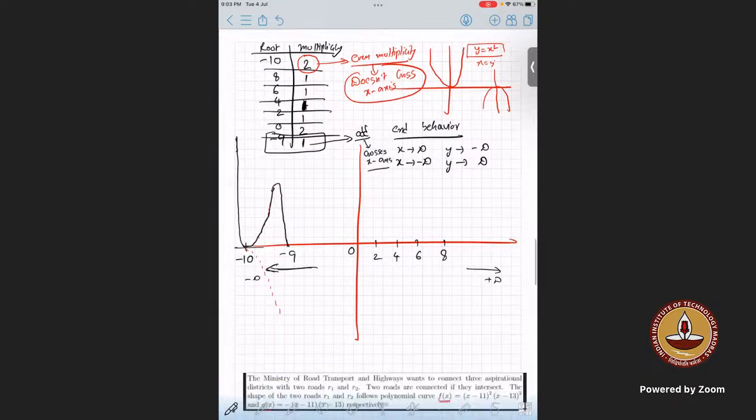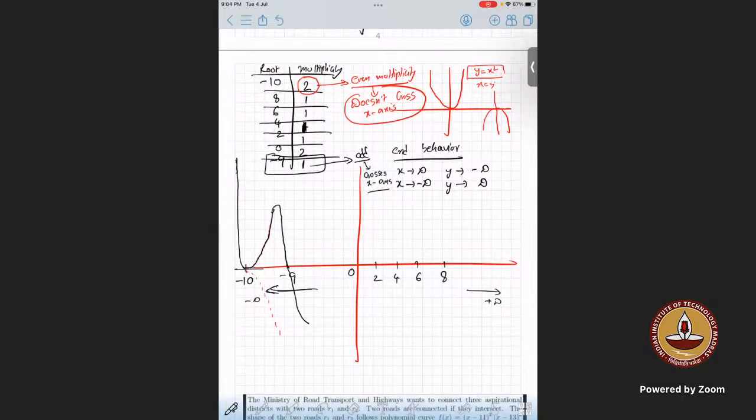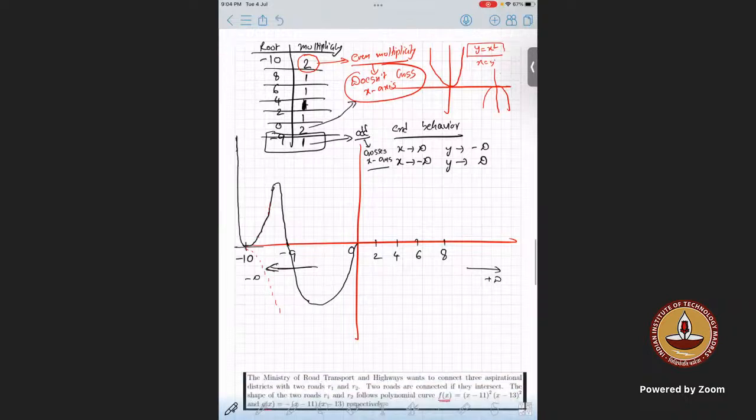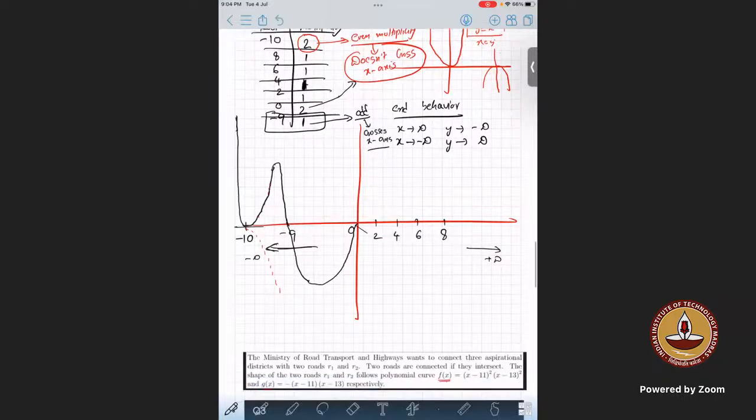Now it crosses the x-axis and goes till the next root. What is the next root? 0 on the number line. Now look, the multiplicity of 0 is even. So it doesn't cross the x-axis, it just touches and goes down again. Just touches.